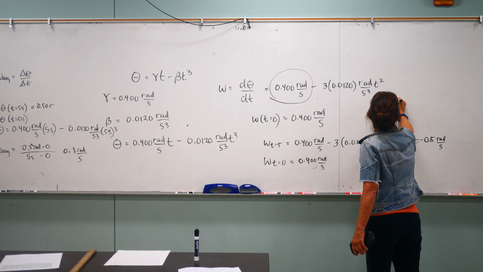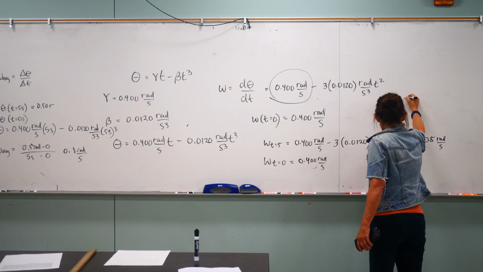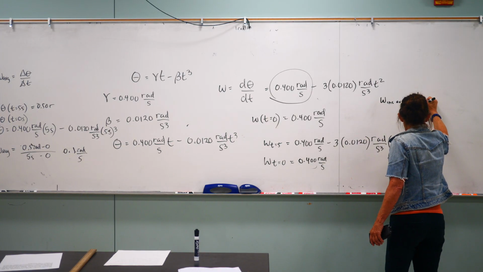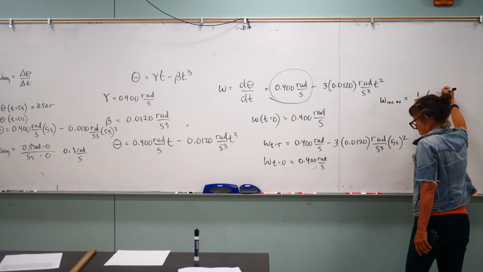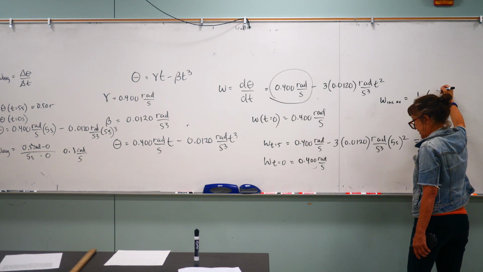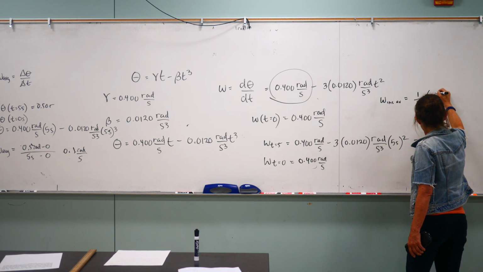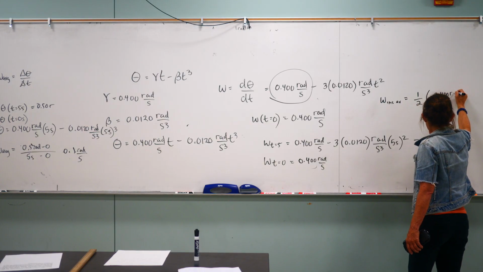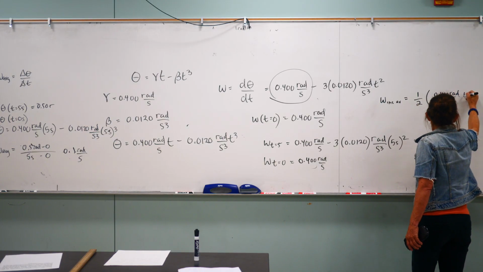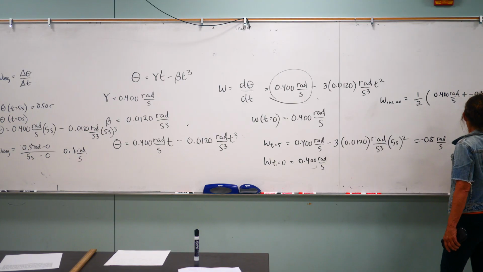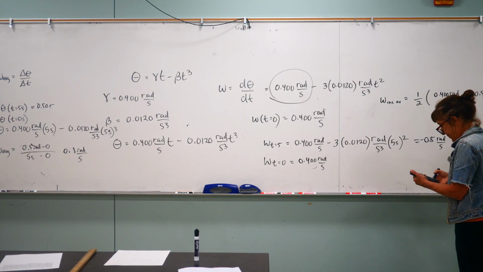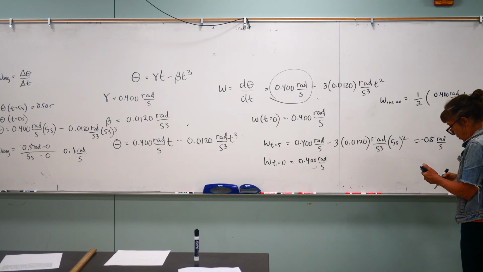So omega instantaneous average is going to equal one half times the final plus the initial: 0.400 radians per second plus a negative 0.5 radians per second, plus 0.4, divided by 2.